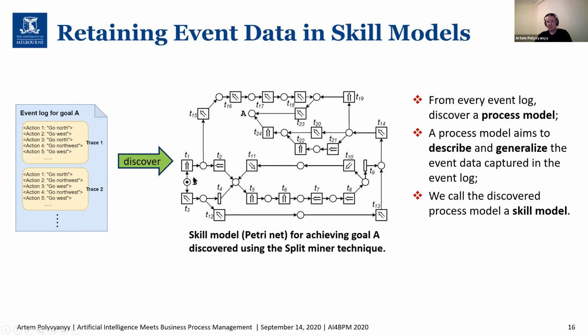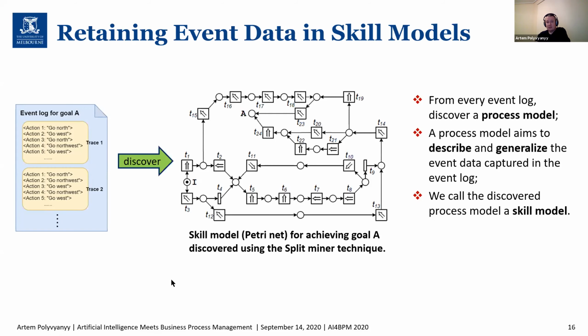From the initial state, we can either go north, so we have an arrow here, or we can go north-west in this case, etc. So we can explain what is happening based on this model. This one was constructed using Split Miner, developed by Adriano Augusto, who is also a member of our group, but in the evaluation we also used Transition System Miner. They were developed by Eric Verbeek in Eindhoven.